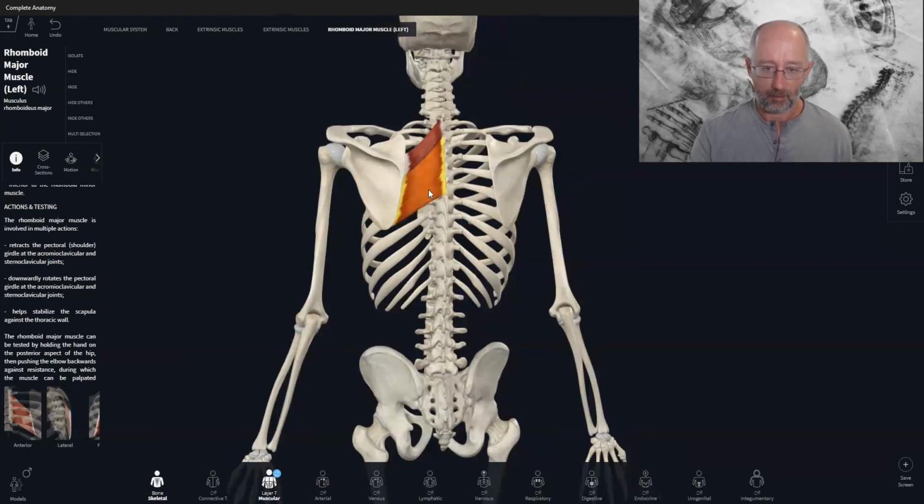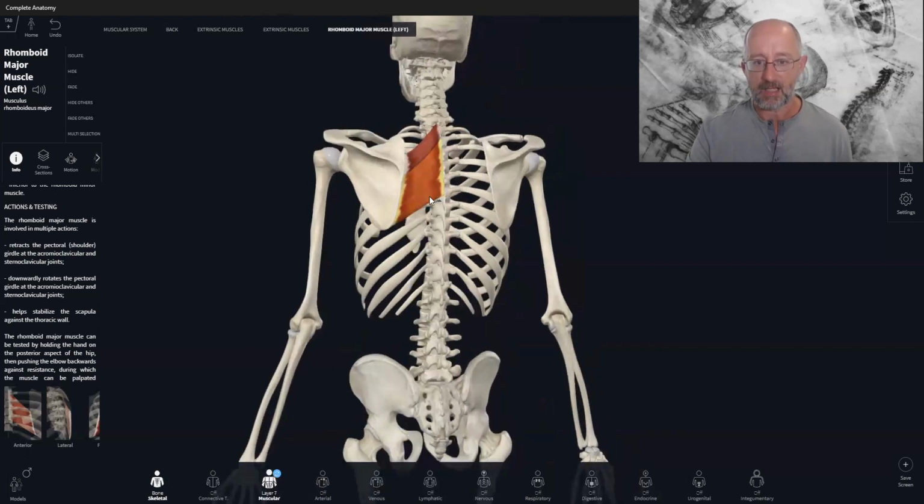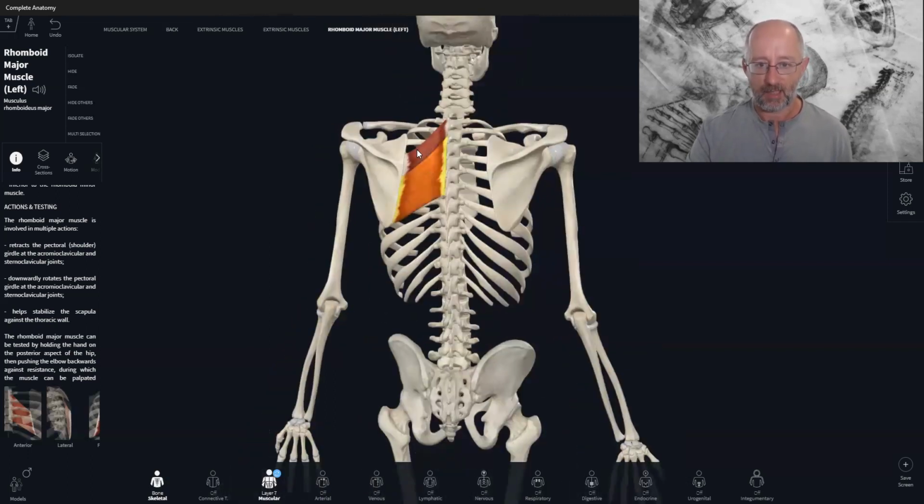When the lower fibers or the rhomboids get weak, these upper fibers become more active and they get stronger and tighter. Then the reverse happens. Instead of getting this nice downward rotation and adduction, you get outward rotation, protraction, and elevation of the shoulder blade. So you start to get this shrugging action happening.